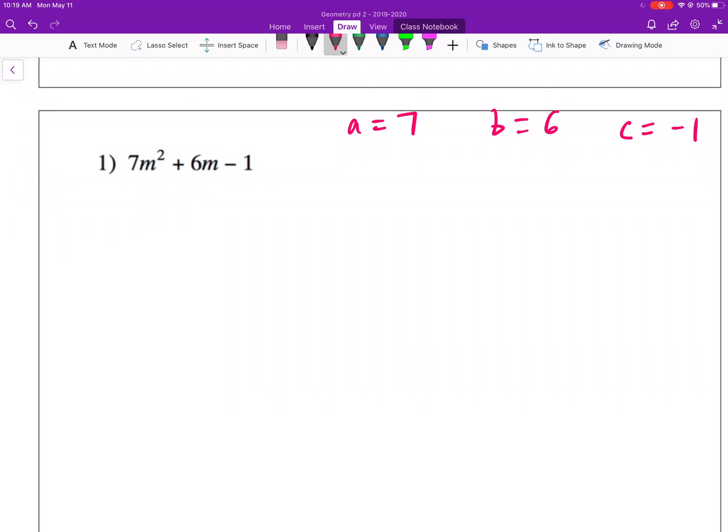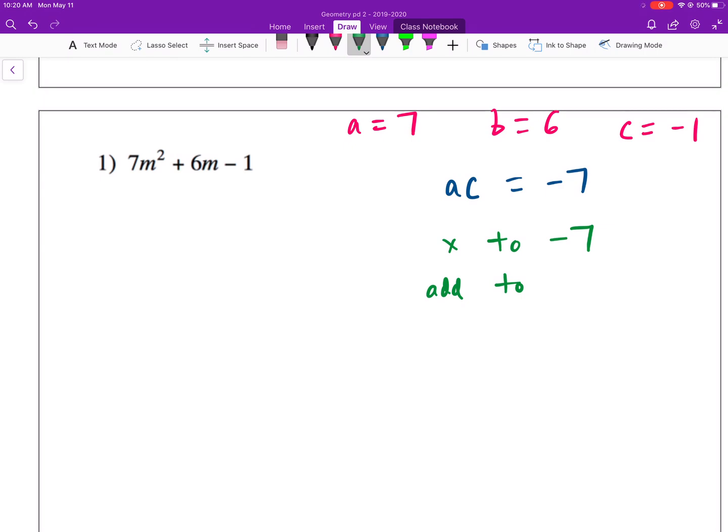So with this AC method, we multiply A times C, which is 7 times negative 1, which is negative 7. So now what we need is two numbers that multiply to negative 7 and add to the B value.